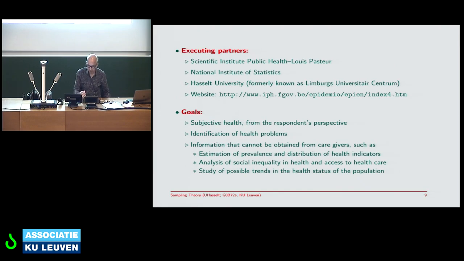Okay. And then before we go to the goals, because before we start working on a protocol and a design, it's maybe good to think, what is the estimand? What do we want to know? What do we want to know about the population and the subgroups? But who does it? Well, the Scientific Institute of Public Health has always been the kingmaker. They have actually brought the idea forward, made it happen over the decades.